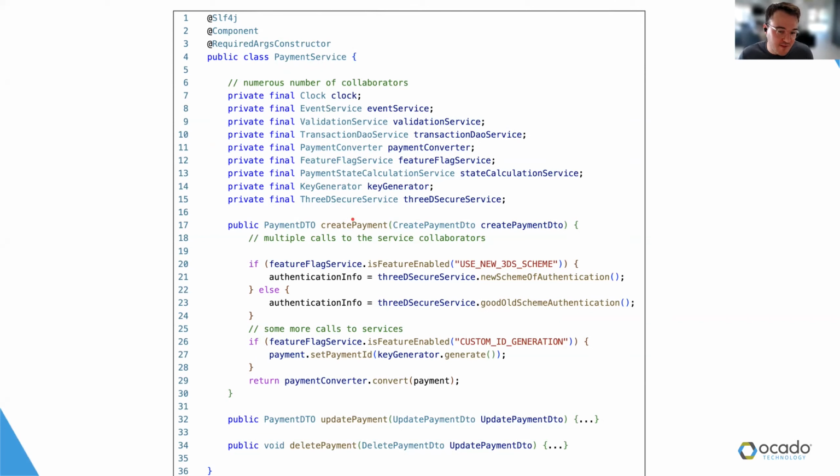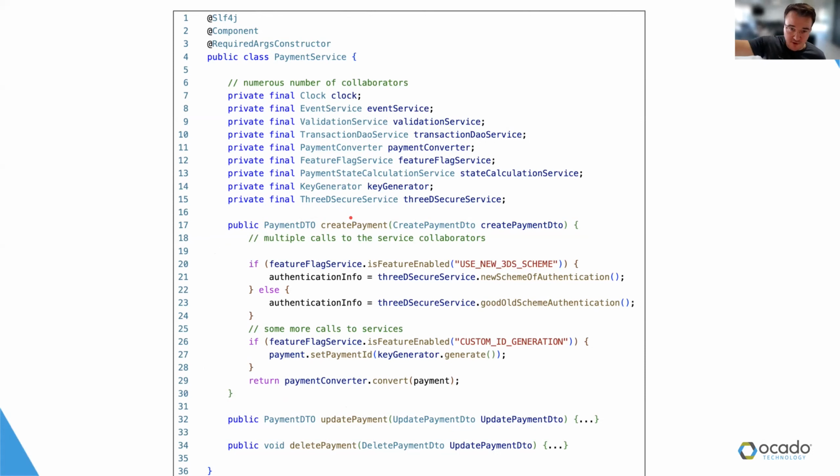Oh, it creates a payment, it updates a payment, it deletes a payment. Well, okay, but if create payment is called in multiple places, for example, create payment is called from a controller on a post method to create a payment, right? It's a create payment use case.